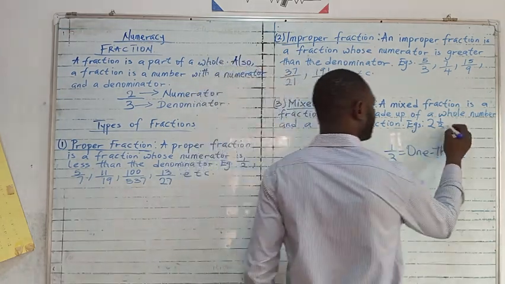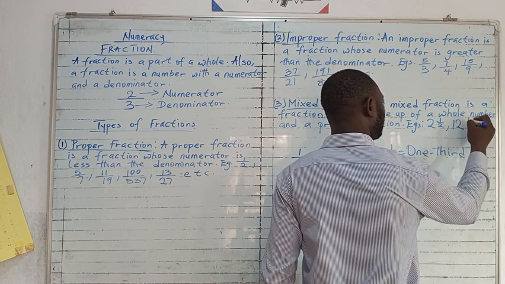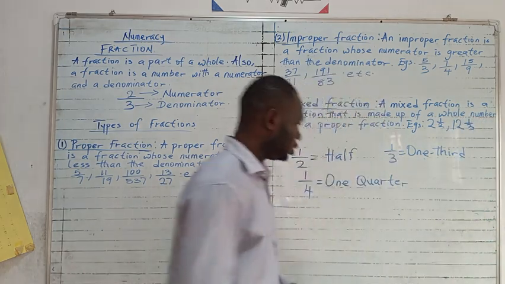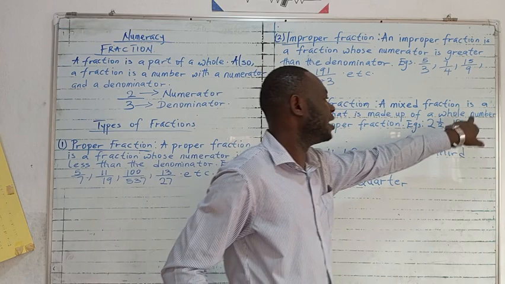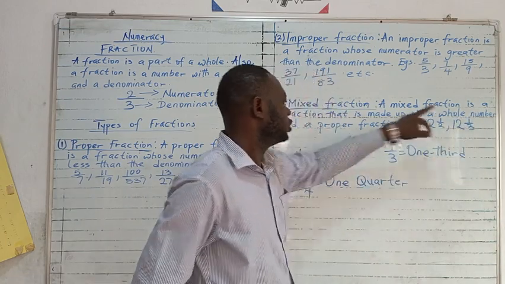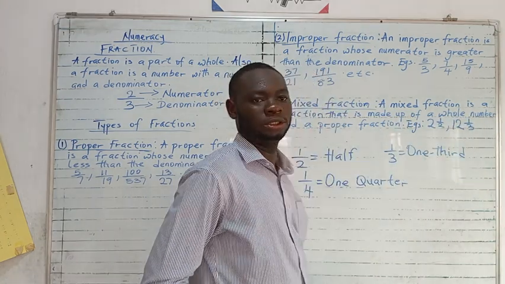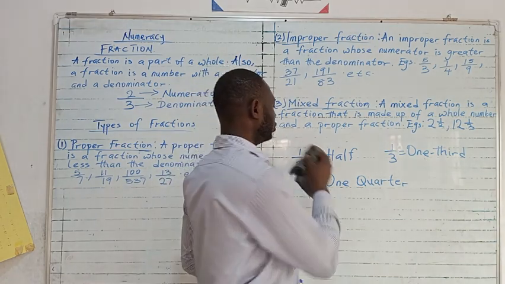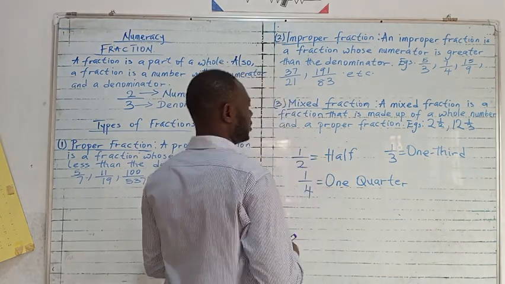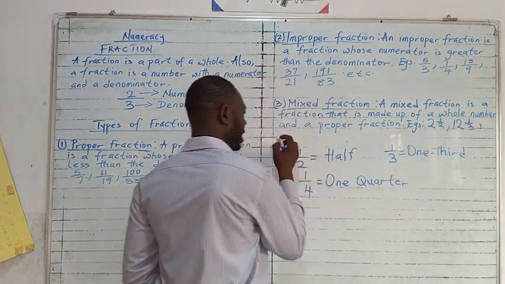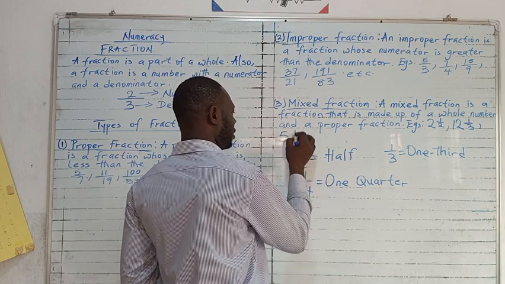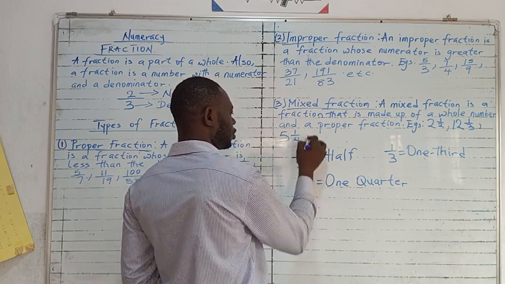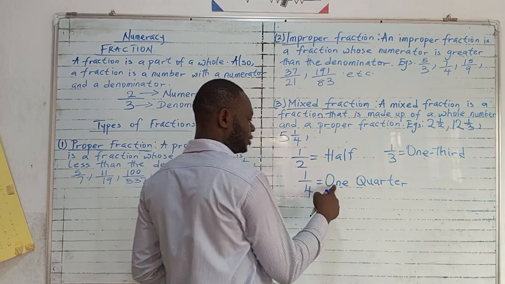So if I have, let's say, 12 whole number 1/3, this will be called 12 whole number 1/3, or you call it 12 and 1/3. Then if I have another one, 5 whole number 1 over 4, you call this 5 and 1 quarter.